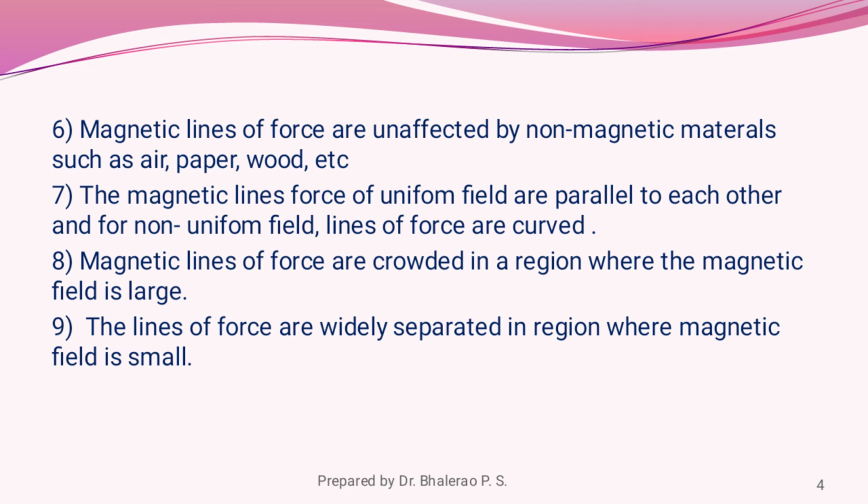Number seven: the magnetic lines of force of a uniform field are parallel to each other, and for a non-uniform field the lines of force are curved in nature. Number eight: the magnetic lines of force are crowded in a region where the magnetic field is large.